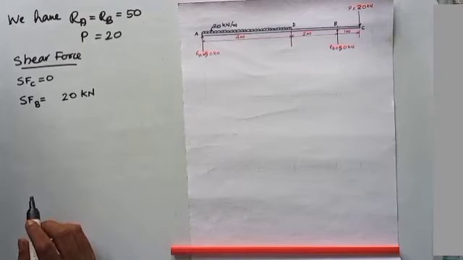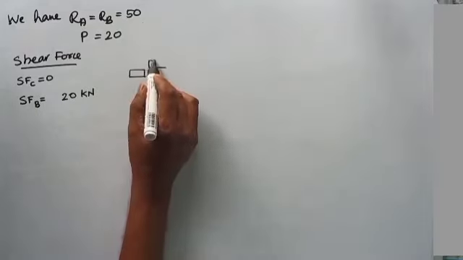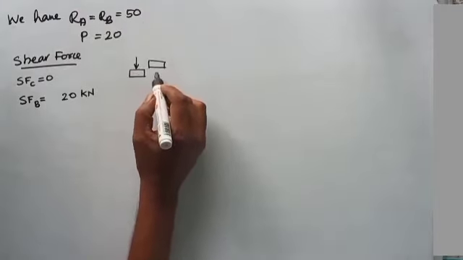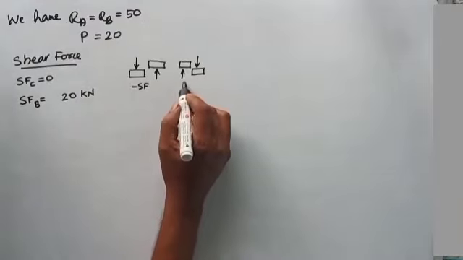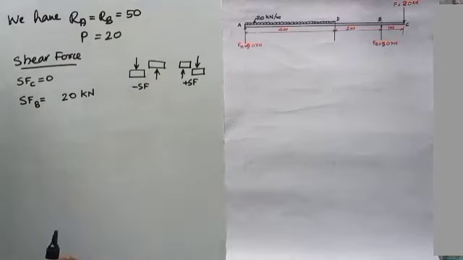Here we have to consider the sign also, the sign convention that we use for shear forces. The sign convention for shear force is this, the sign convention we are using for finding the values of shear force.